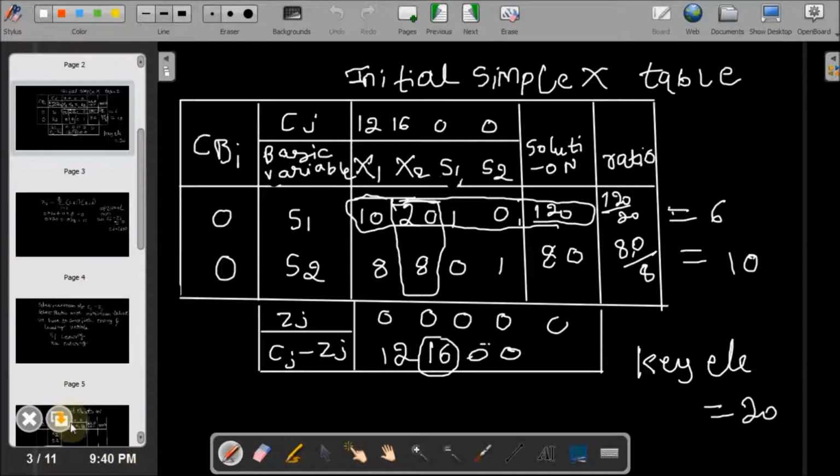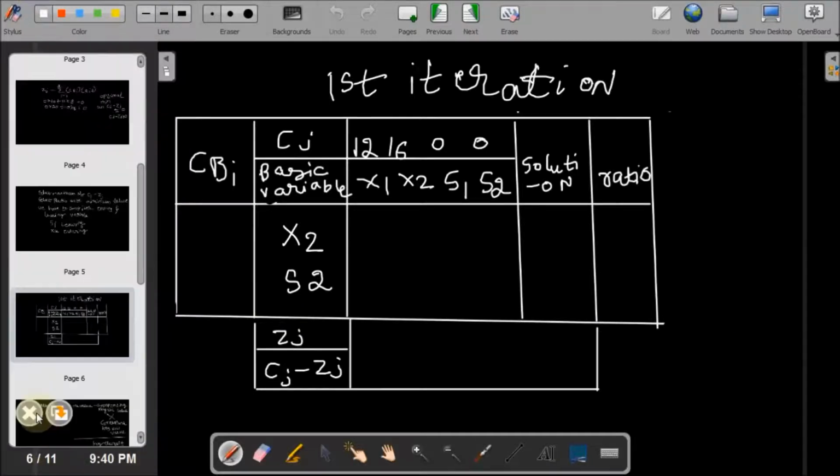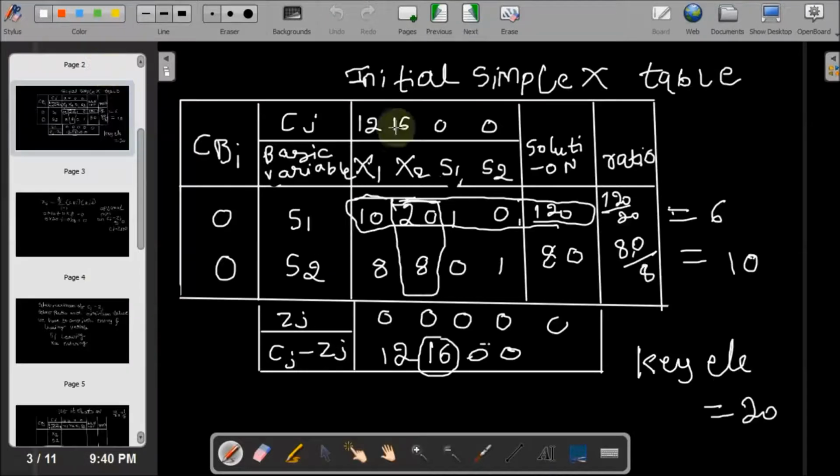I will do that. Here I will write 10 by 20. What is the value? 1 by 2. Don't get confused. I have to find the new values for x2, so I have to divide all these values by the key element.